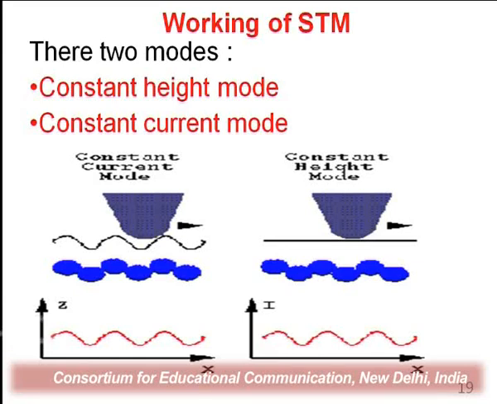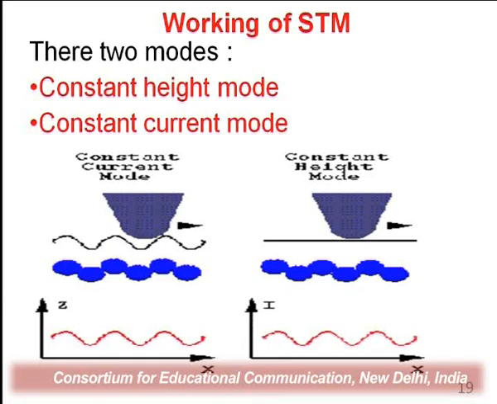A height is already defined here, but on the left hand side, if we talk about the constant current mode, you see that the tip follows the surface of the material. You see that it is moving in the form of a curve. As this material is not smooth, the tip is moving with a particular distance from the sample height.